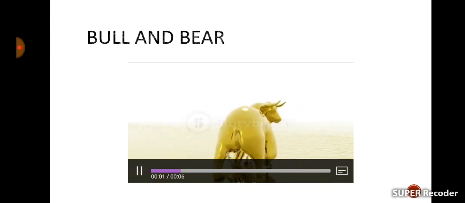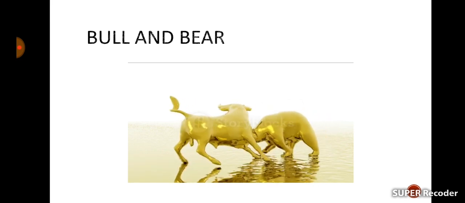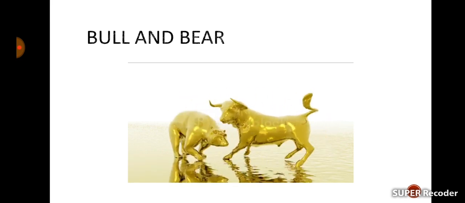While attacking its opponent, a bear will swipe or slap down, and a bull will thrust its horns up into the air. These actions were related symbolically to the movement of a market. That's why we use bull for an increasing tendency and bear for a declining tendency of stock markets.